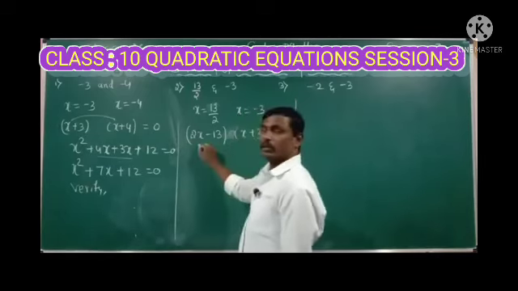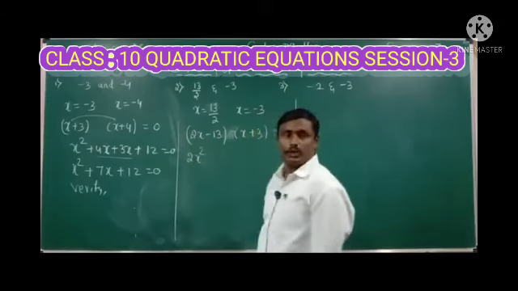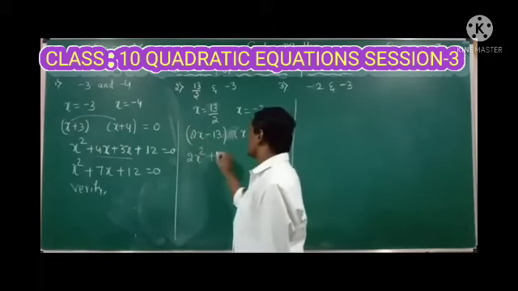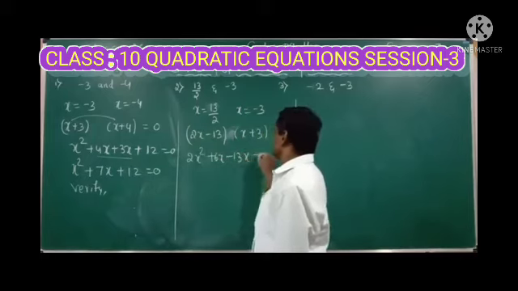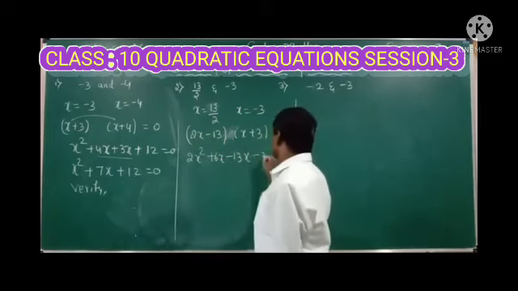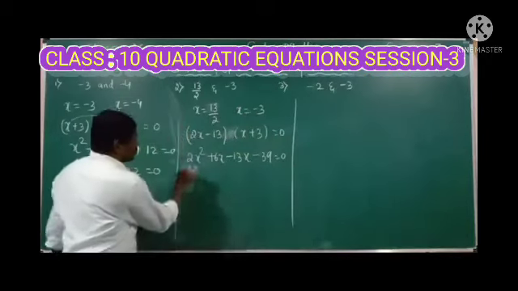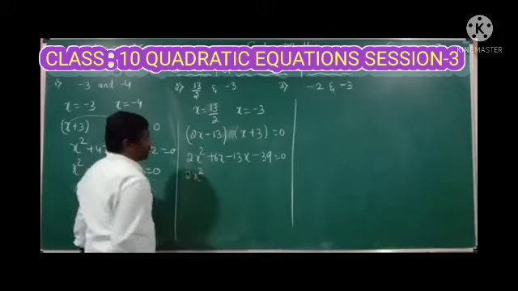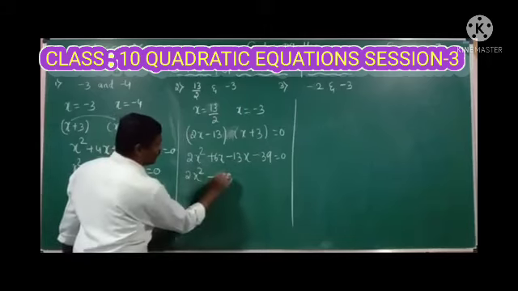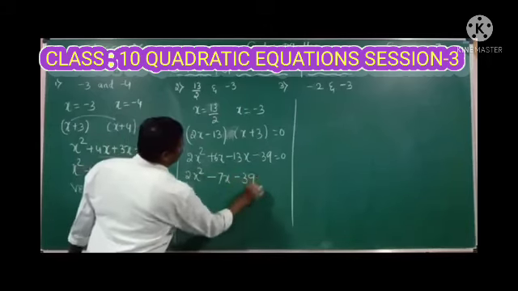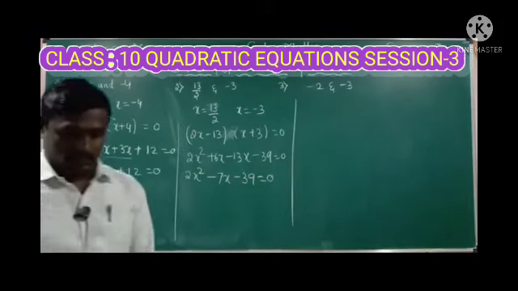Multiply these two binomials: 2x into x, 2x square; 2x into 3, plus 6x; minus 13 into x, minus 13x; minus 13 into 3, minus 39, is equal to 0. So 2x square, 6x minus 13x is nothing but minus 7x, minus 39, which is equal to 0, is the required quadratic equation.